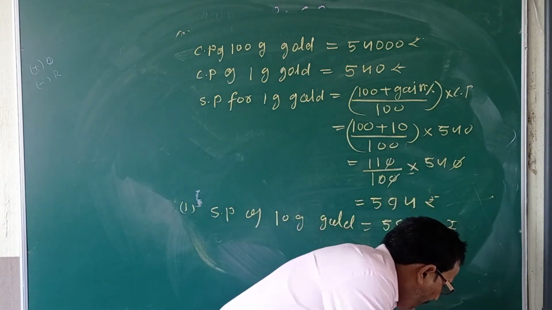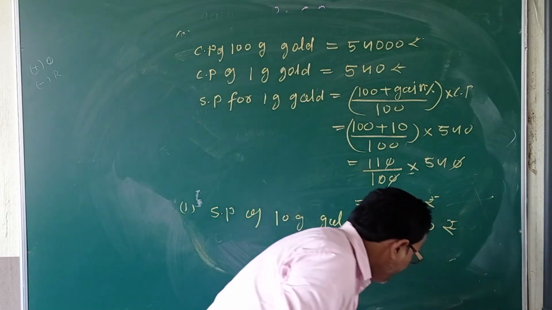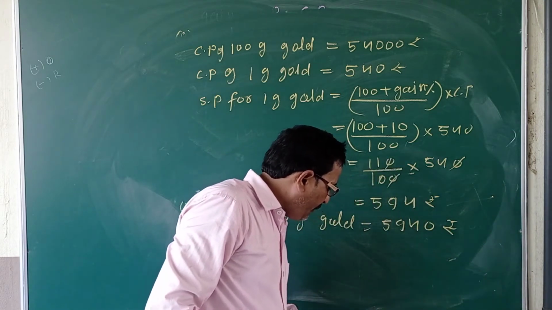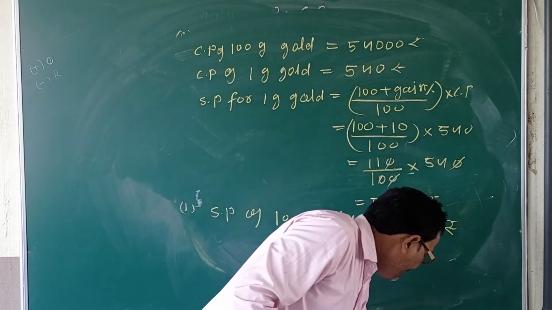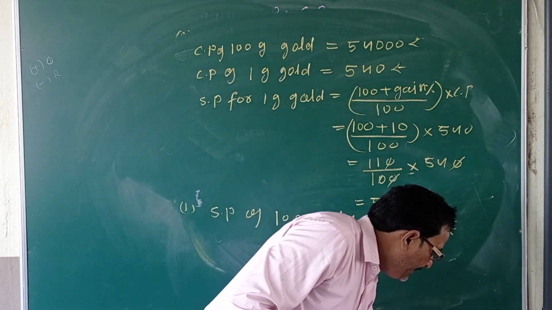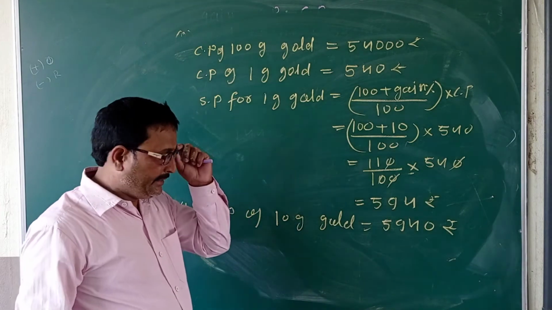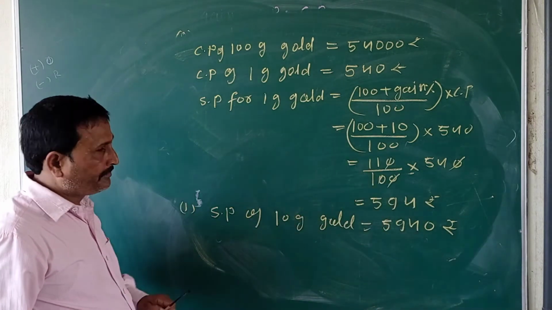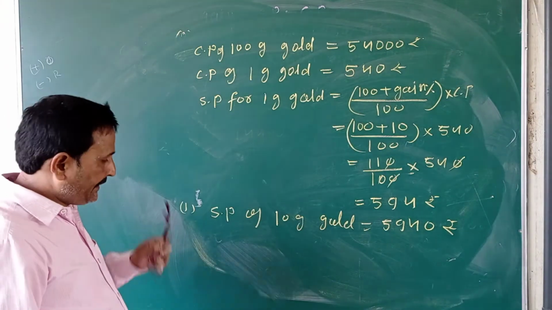Now, second question. The SP of 10 gram gold for the wholesaler if his profit is 8%. What is it asking? SP of 10 gram gold for the wholesaler.